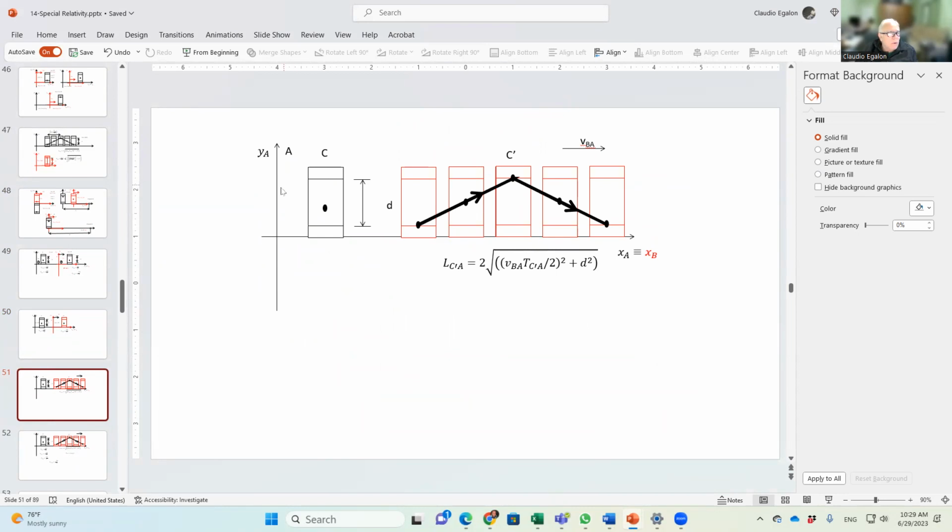So the observer in A is going to see this clock, this photon, moving in a diagonal fashion. Half of the period is going to take this long. So the length from here to here is going to be what? Here is VT and here is D.